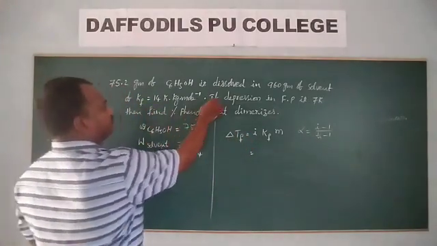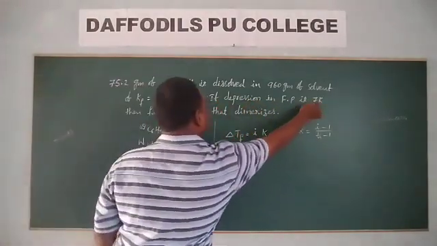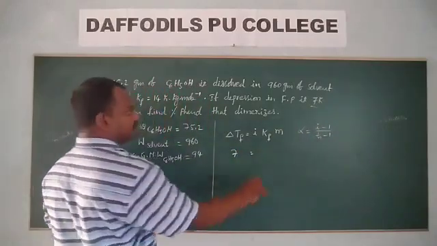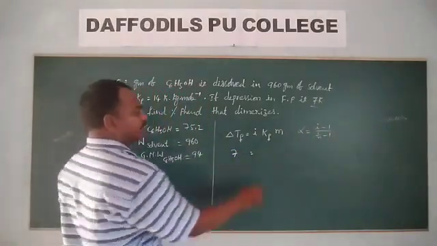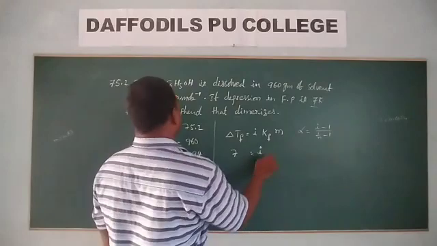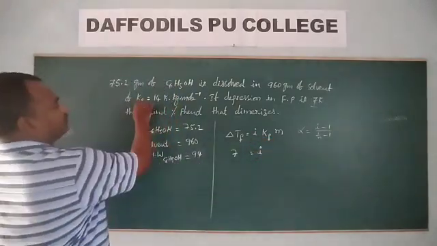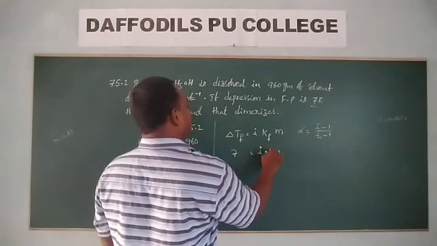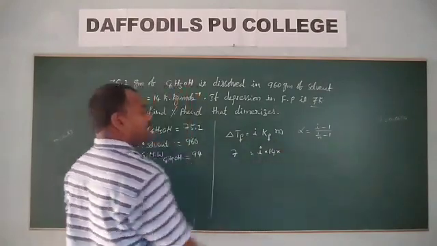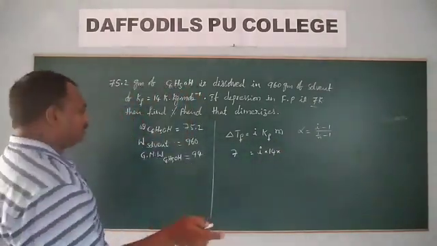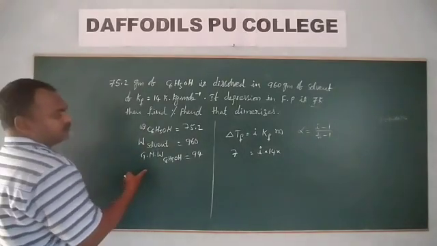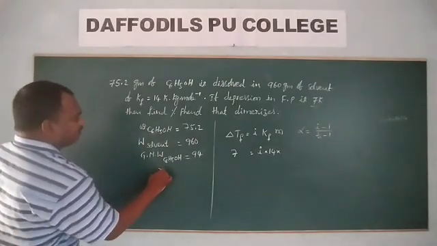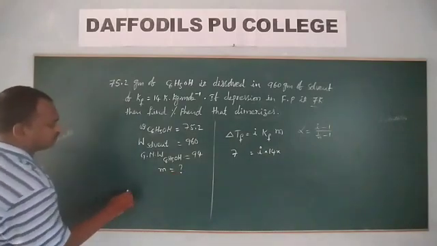What is the depression in freezing point? 7. Kf is given. How much is the Kf? 40. So which thing do you need? Molarity. So molarity can be obtained from this part.